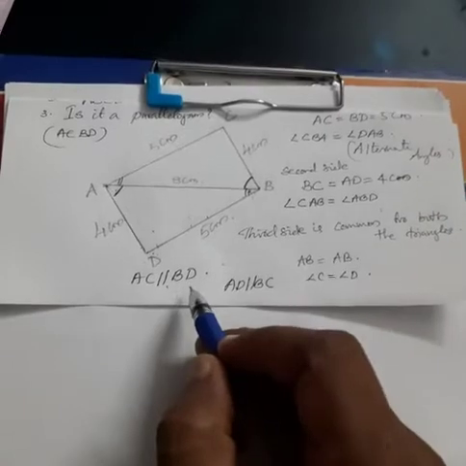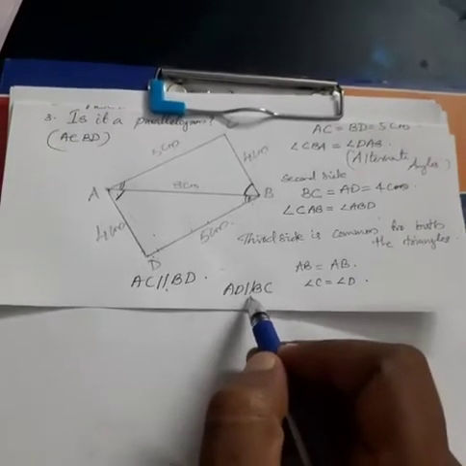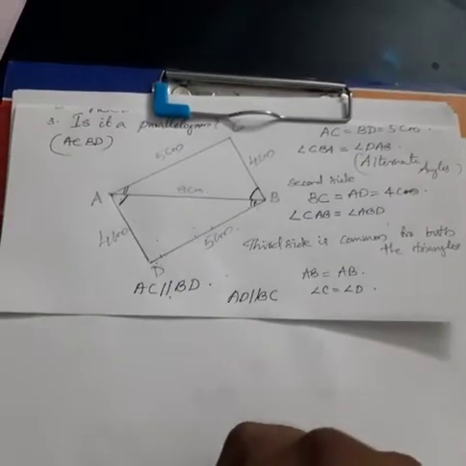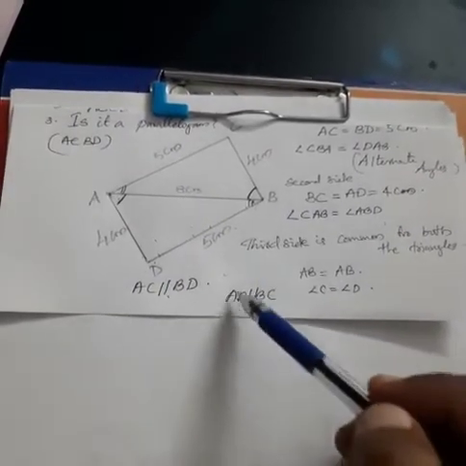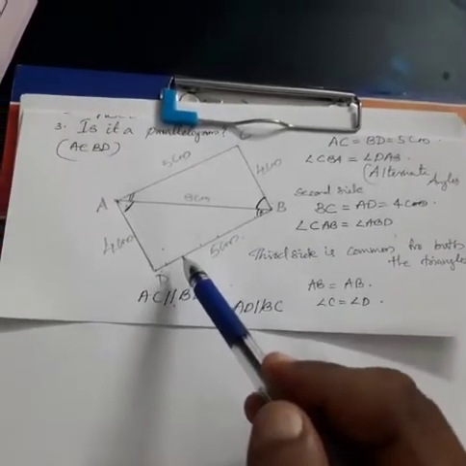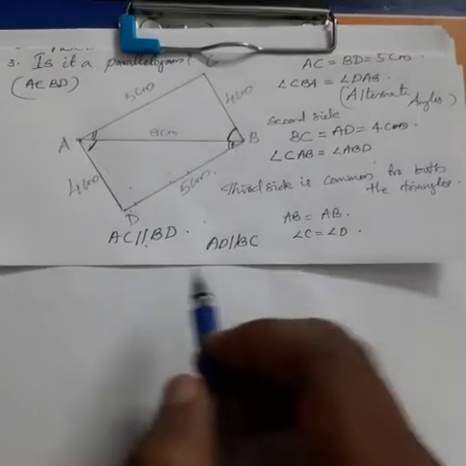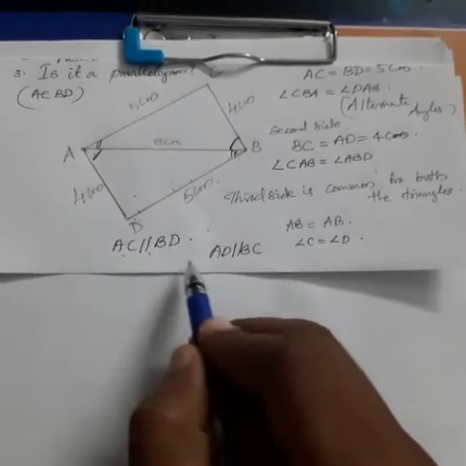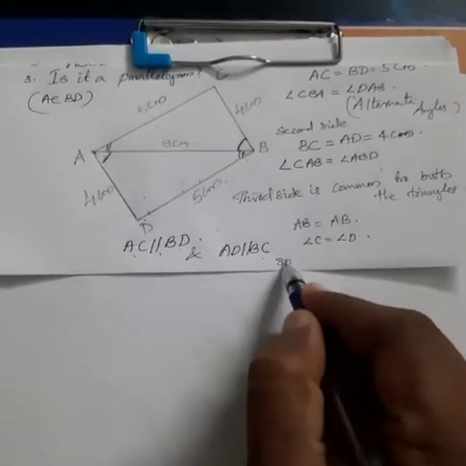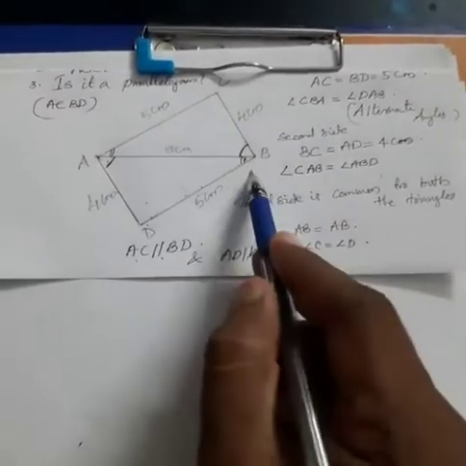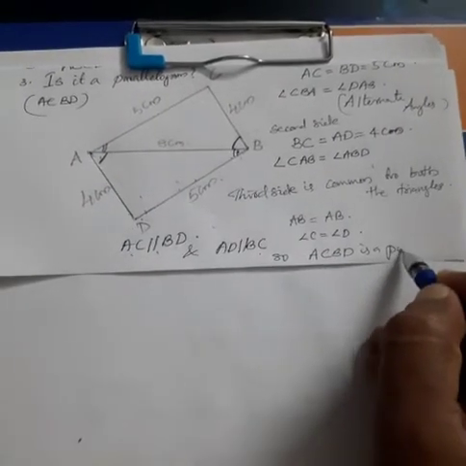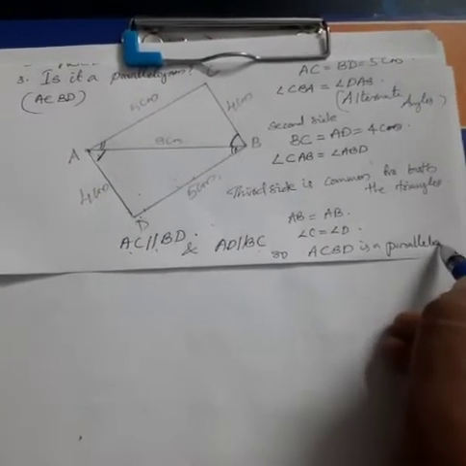So two pairs of sides are parallel. If the sides are parallel to each other, we can write it is a parallelogram. So AC is parallel to BD and AD is parallel to BC. So ACBD is a parallelogram.